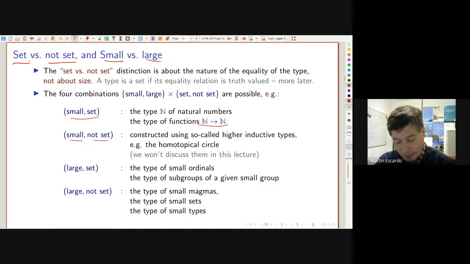One of them is the homotopical circle, which I'm not going to discuss in this lecture. And then the type of ordinals is both large and a set. And then the type of sets, the type of types, the type of magmas are large and they are not sets. So all four combinations are possible. Set versus not set doesn't have anything to do with size. It has to do with the complexity of equality, as in the picture that I did before.